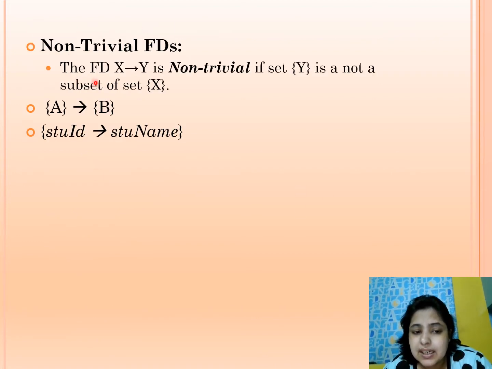Non-trivial: the functional dependency X to Y is non-trivial if set Y is not a subset of X. A tends to B, like student ID to student name. So it is not a subset of A.